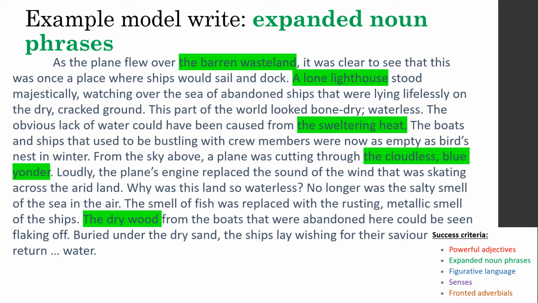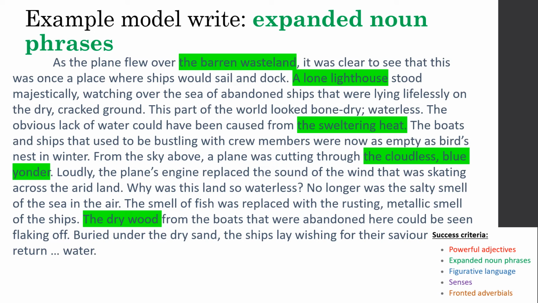The cloudless, blue yonder. There are two adjectives here, so we have cloudless and blue, and there is a comma to separate the two adjectives. Yonder is a noun describing that the sky is really far in the distance. The dry wood. Dry is the adjective and the noun is wood.